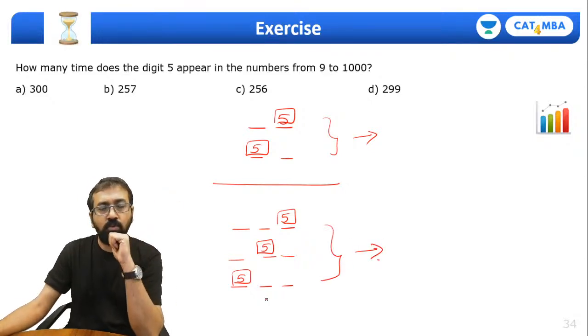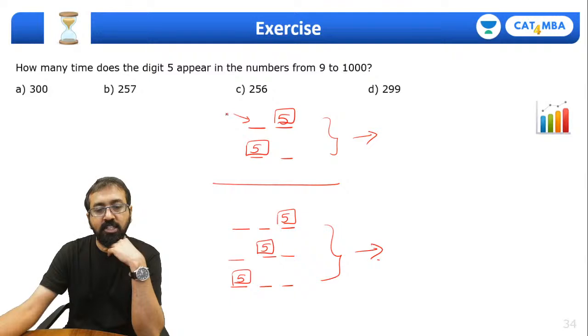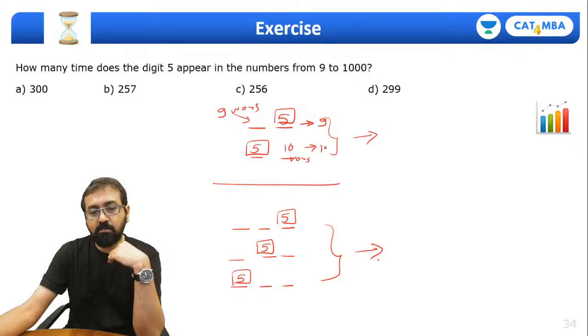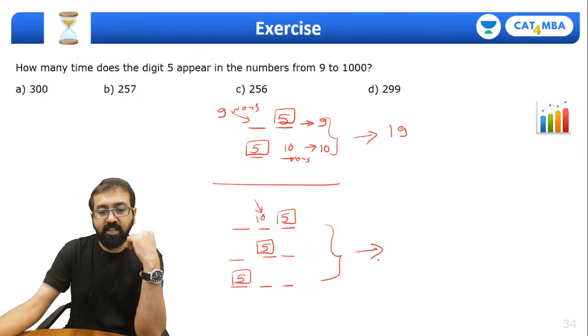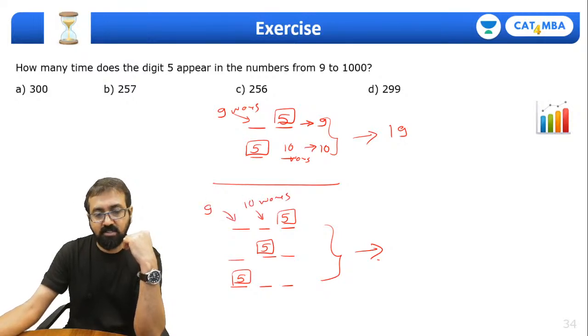Is this clear now? Now the question is simple. This position can be filled in 9 ways, so 9 numbers, and this position can be filled in 10 ways, so 10 numbers. So this came out to be 90. Now this position can be filled in 10 ways, and this position can be filled in 9 ways, so total 90 such numbers.